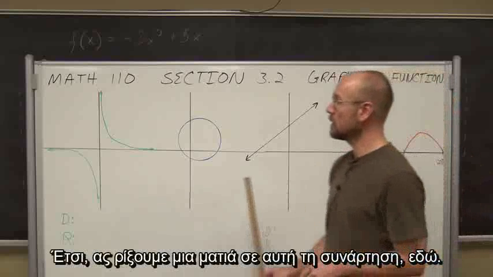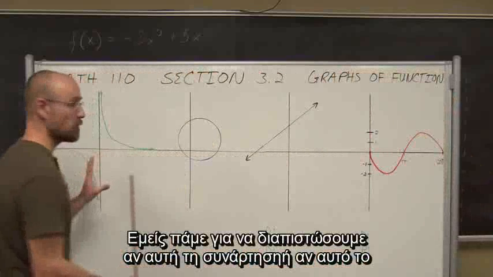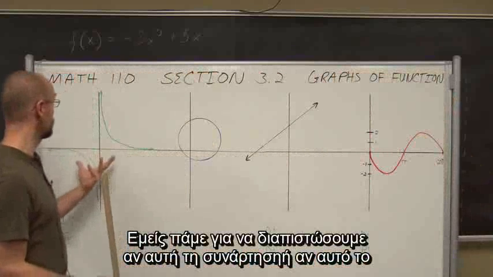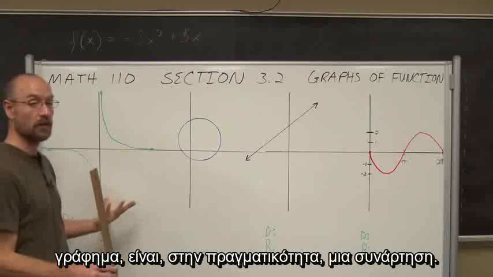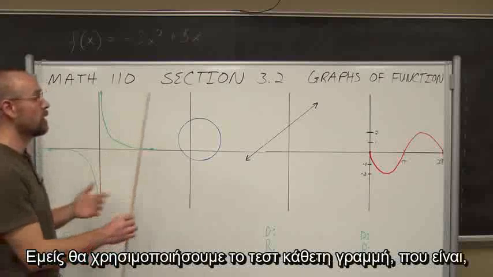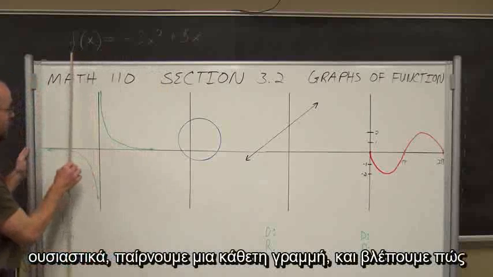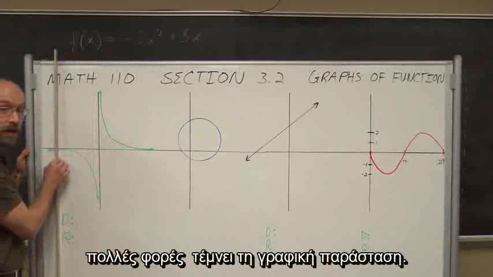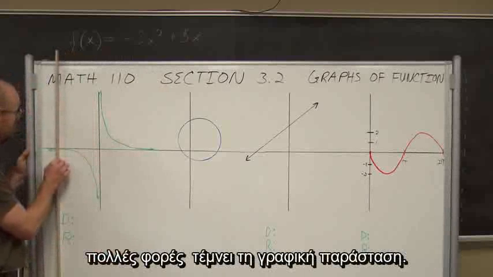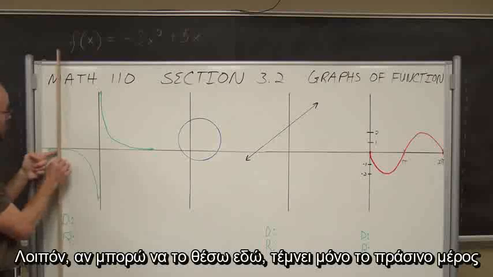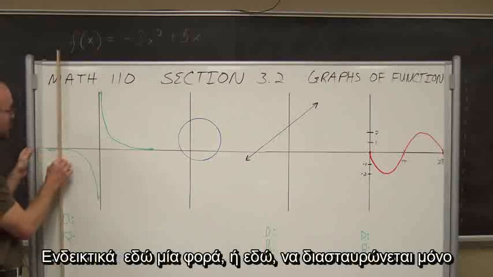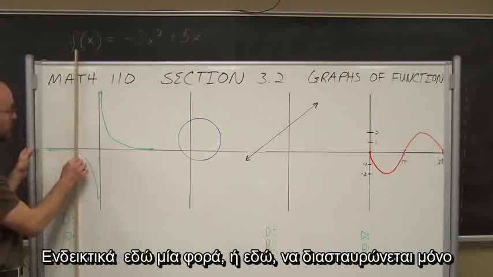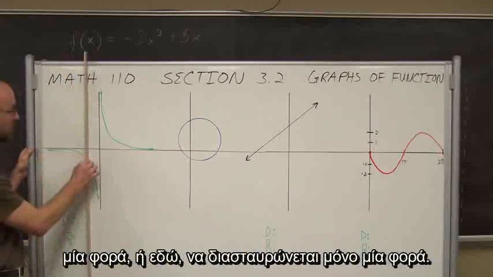So let's take a look at this graph here. We're going to determine if this graph is in fact a function. We're going to use a vertical line test, which is essentially we take a vertical line and we see how many times it intersects the graph. Well, if I put it here, it only intersects the green part of my illustration once, or here it only intersects it once, or here it only intersects it once.